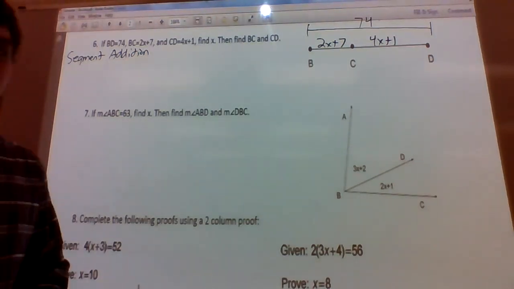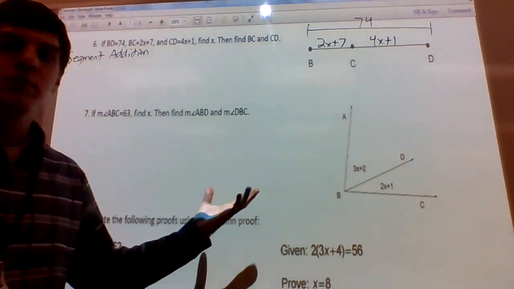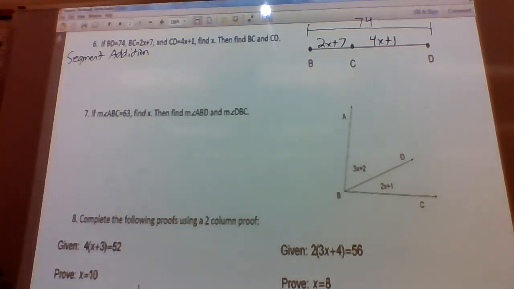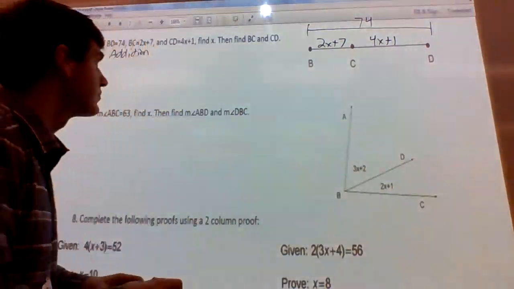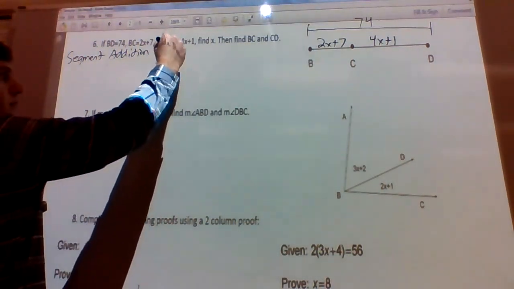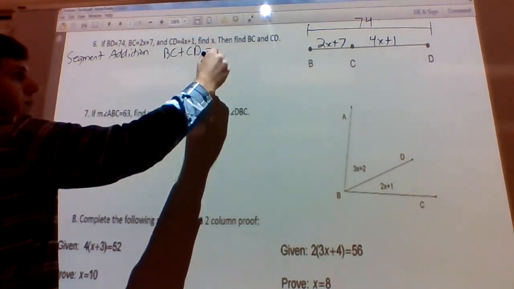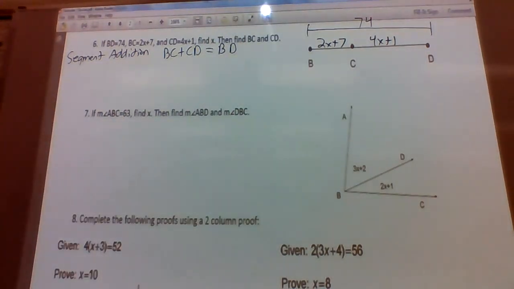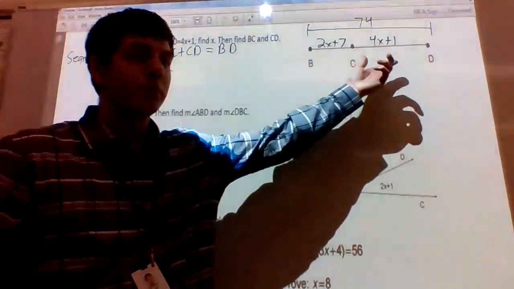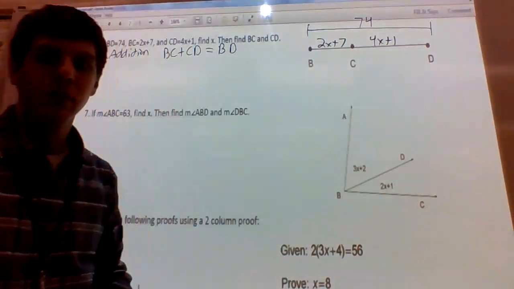Well, segment addition means we can add two segments together to get the whole length. So BC plus CD is going to give us BD. Add the first piece to the second piece, we get the whole thing.